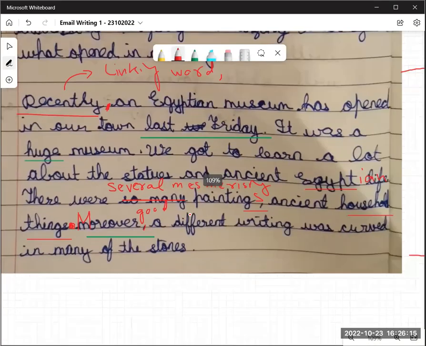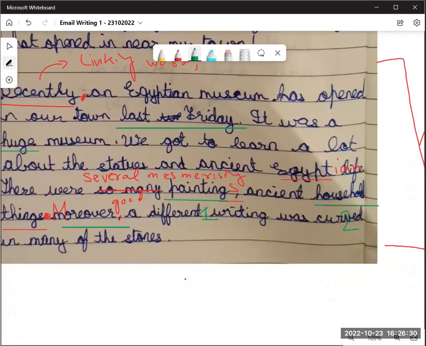And Niranjana, okay, so count this with me. You gave the example of a painting, and then you gave the example of household. How many examples are these? 1 and 2. But whenever you're writing examples, you must give 3, which is called a list of 3.